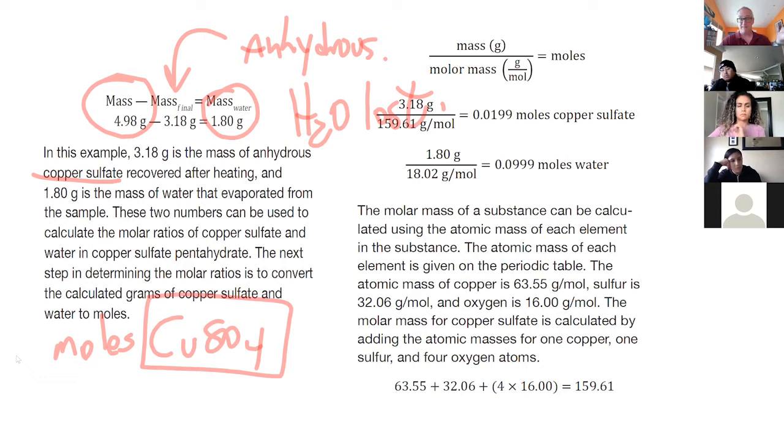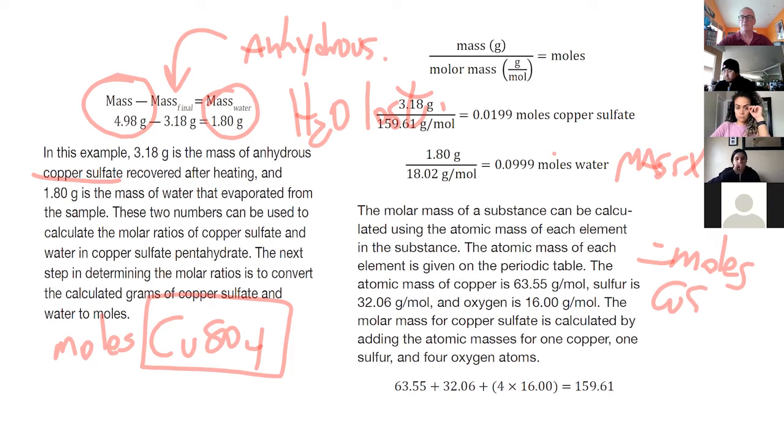So using the molar mass, if we have a mass, we multiply that by moles over mass. That would be 1 over the molar mass of copper sulfate, and that would give us moles of copper sulfate.